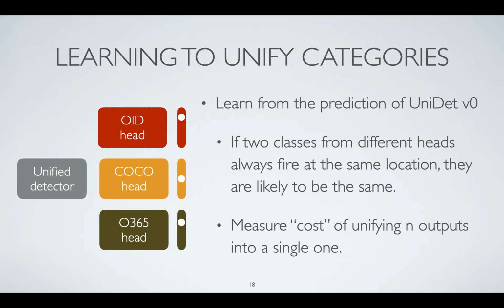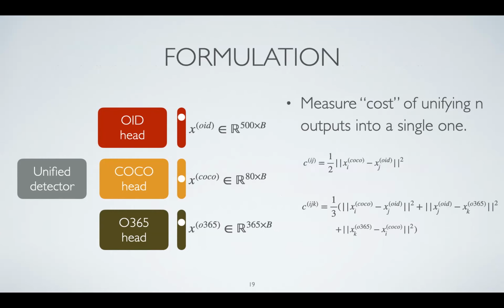And we can define a pairwise match cost of the unified label space based on the co-occurrence of this detector. Specifically, if we want to merge class i in COCO and class j in Open Images, we define the cost of this merge as the prediction difference between those 2 classes over all box predictions from the dataset.